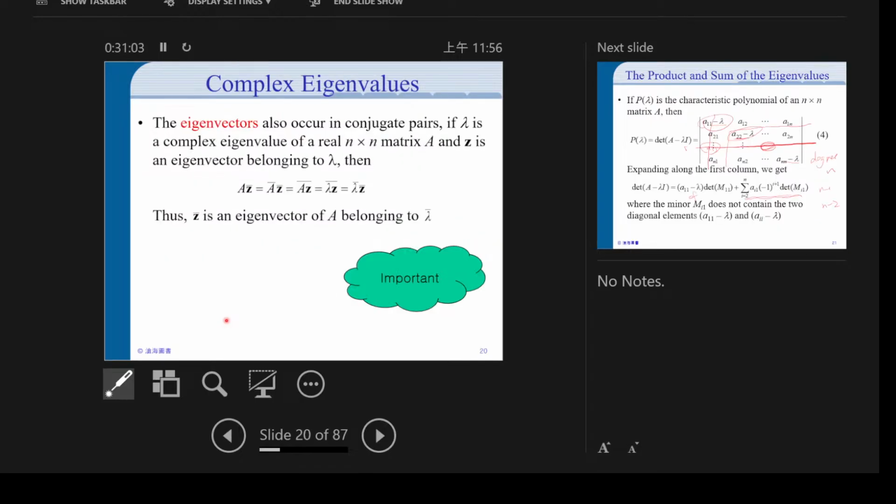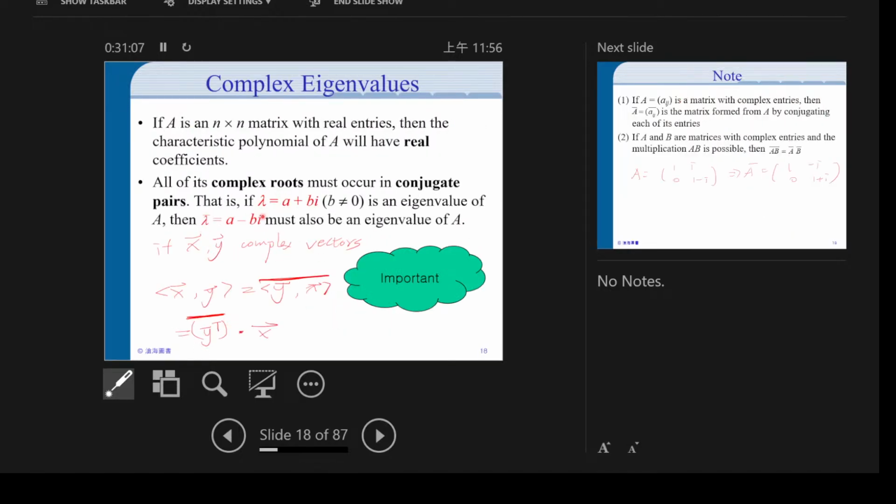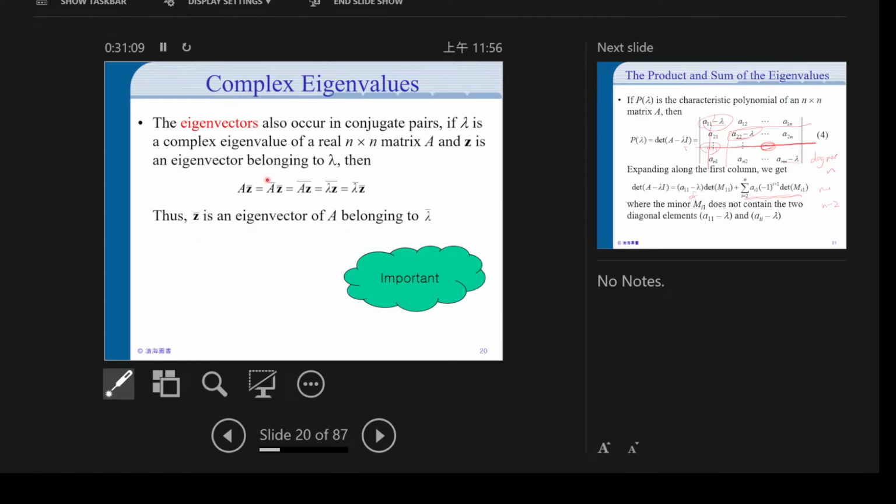And we say that eigenvalues come in pairs, and eigenvectors also come in pairs. So if lambda is a complex eigenvalue of your real matrix, and z is the eigenvector associated with lambda, then z bar will be the eigenvector belonging to lambda bar, because you can take the conjugation here.